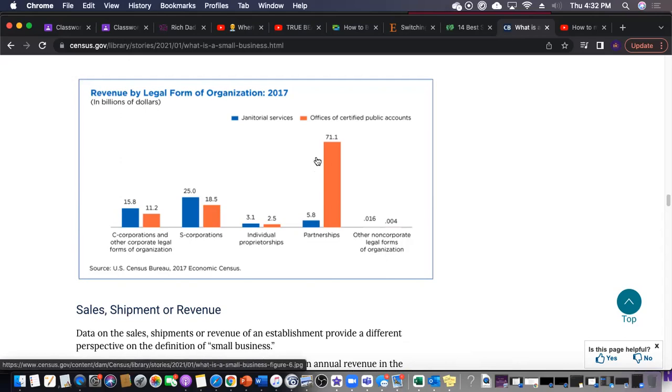Two people with their own social security numbers do a joint venture and partnership, and then non-corporate legal forms. So people just walking around and doing business without using, basically under the table. So the highest ones right now is partnerships, partnering with another company or another person in order to build a company.